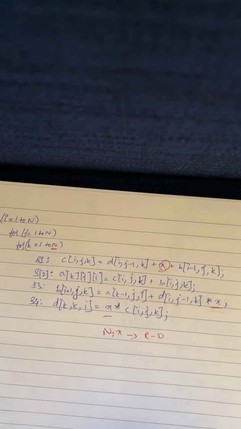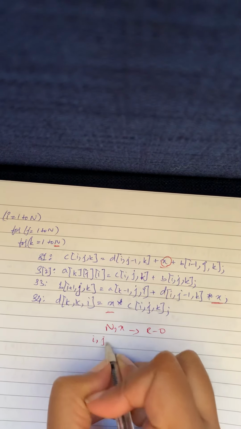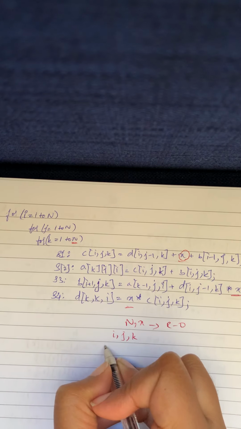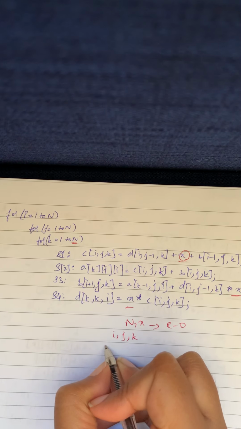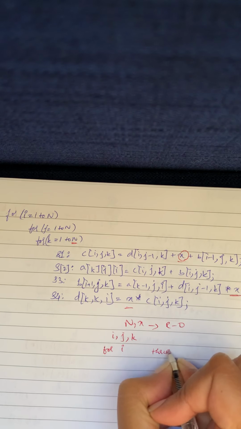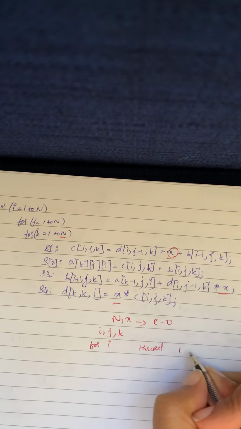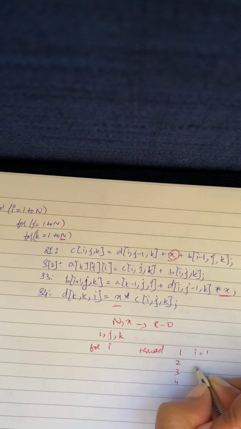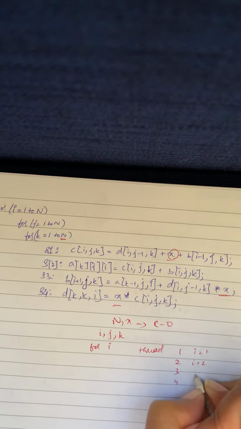Now let's look at the loop variables themselves, i, j, and k. So as we want to parallelize for i, each thread, when it goes from say 1, 2, 3, 4, it's taking the value of i equals 1, i equals 2, and so on, right?